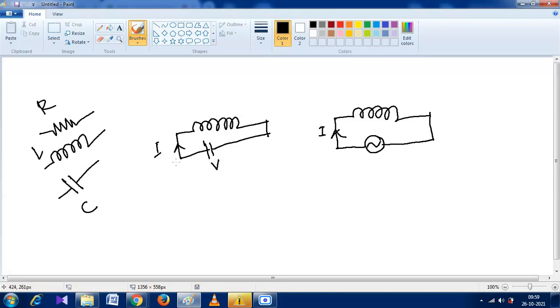If we supply a DC to a coil, then the source will see what is this? Tell me, anyone.